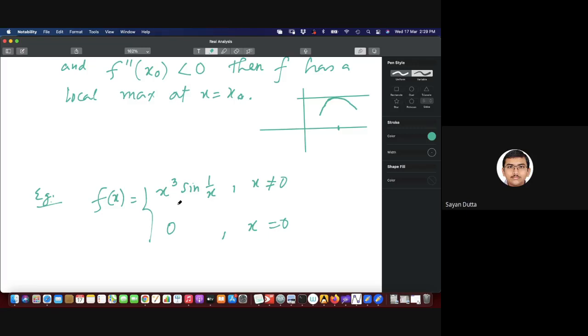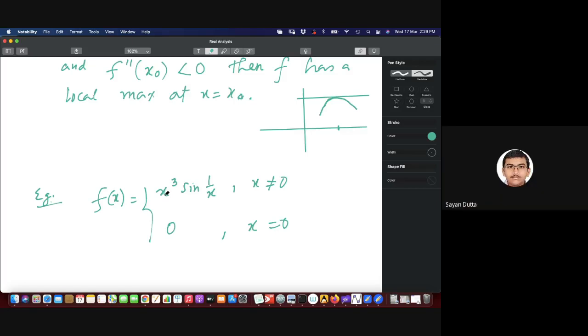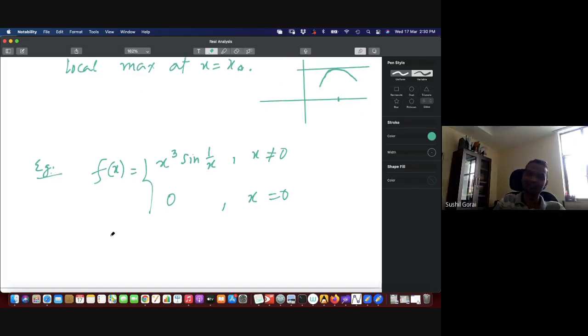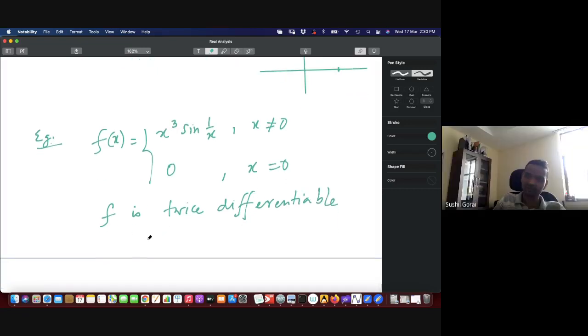Yes. Is it twice differentiable? Yes, check this. f is twice differentiable, but f double prime is not continuous, right?